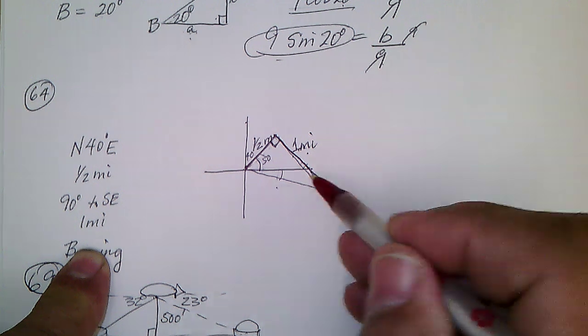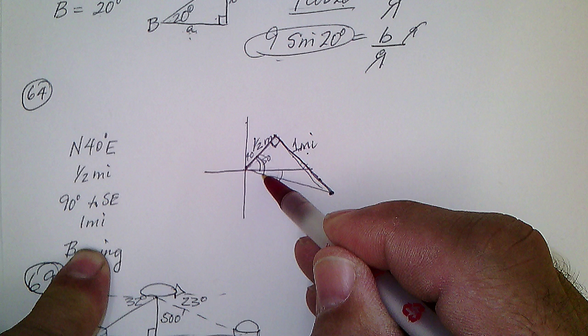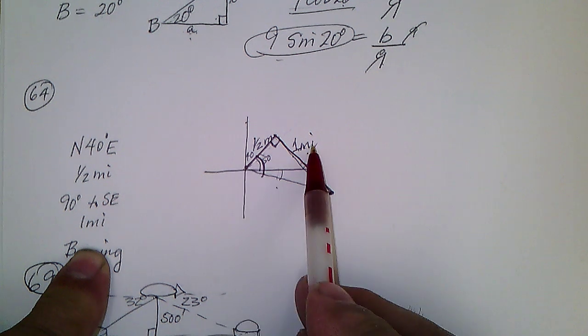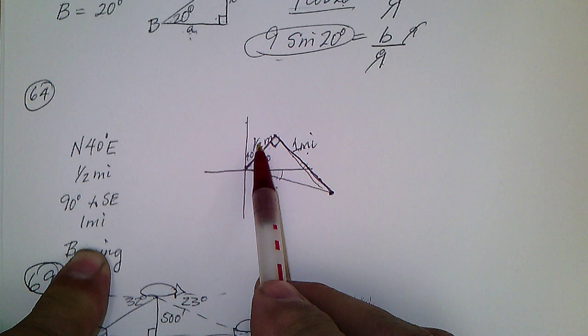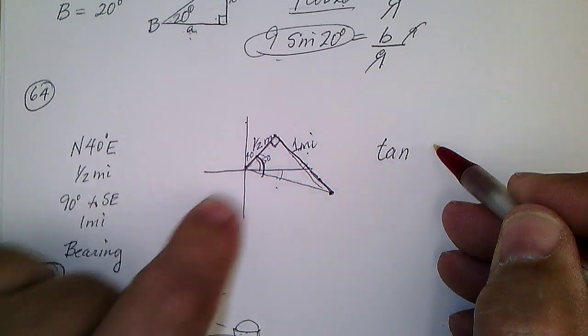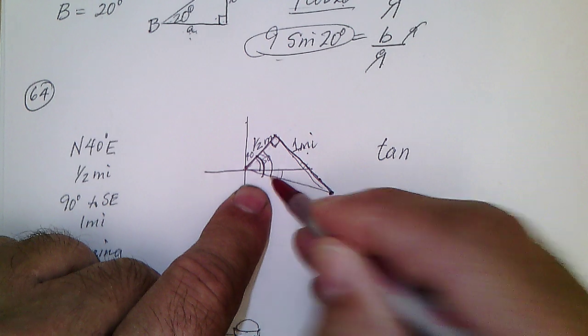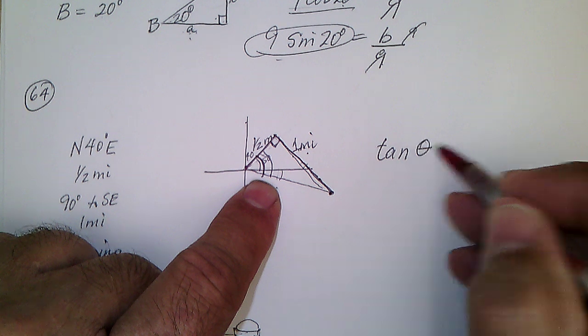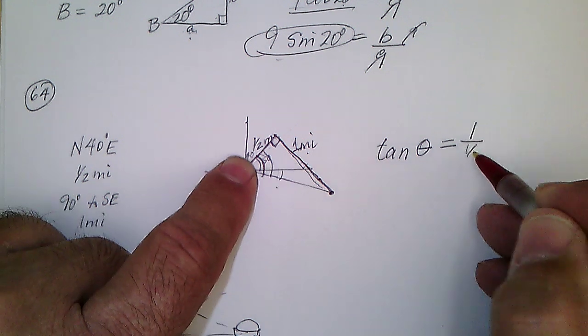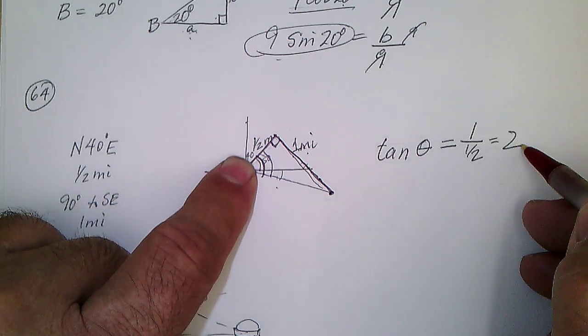Or we could say, if we want this angle, let's see, what else do we have? We have the opposite leg and the adjacent leg. So the tangent of this big angle would be the opposite over the adjacent, which is 2.